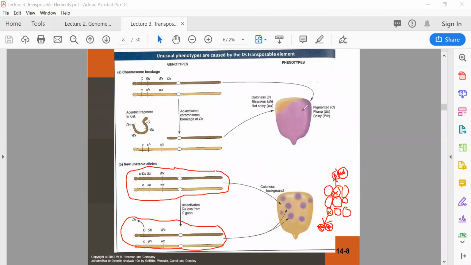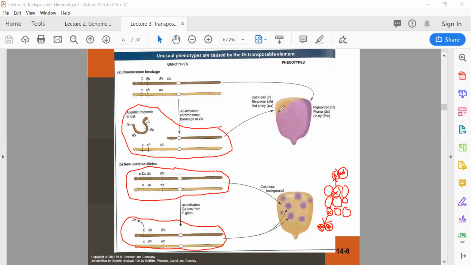And the same thing applies to this one here. Exactly the same thing applies here. But obviously there's just one colourless region here, which results from all the progeny of the cell in which this occurred.